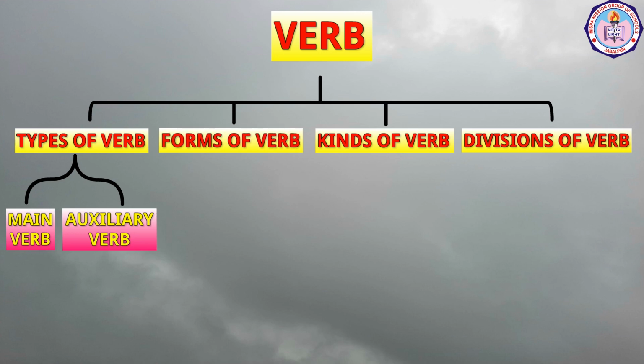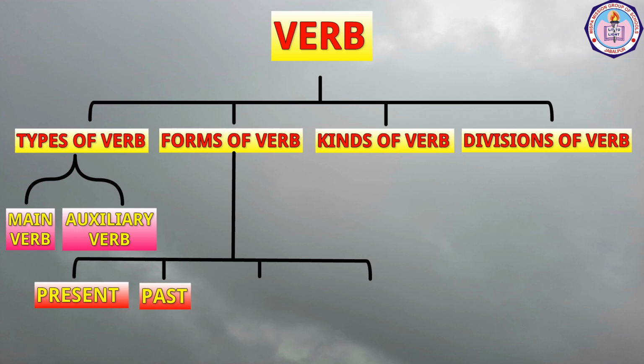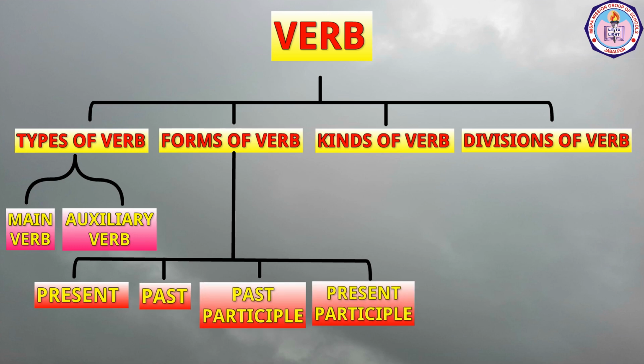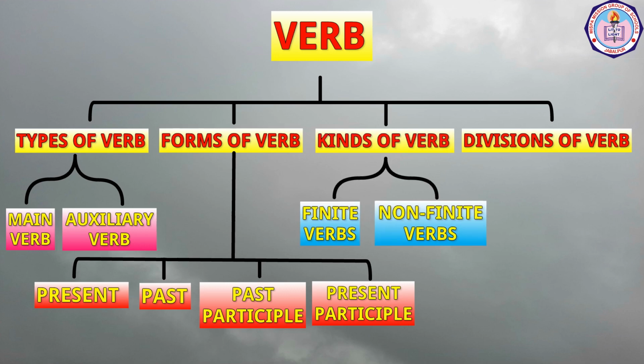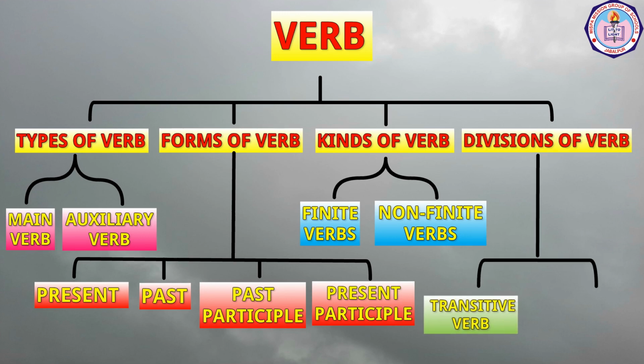Forms of verb are divided into four: present form, past form, past participle form, and present participle form. Kinds of verbs are finite verbs and non-finite verbs. Division of verb are transitive verb and intransitive verb.